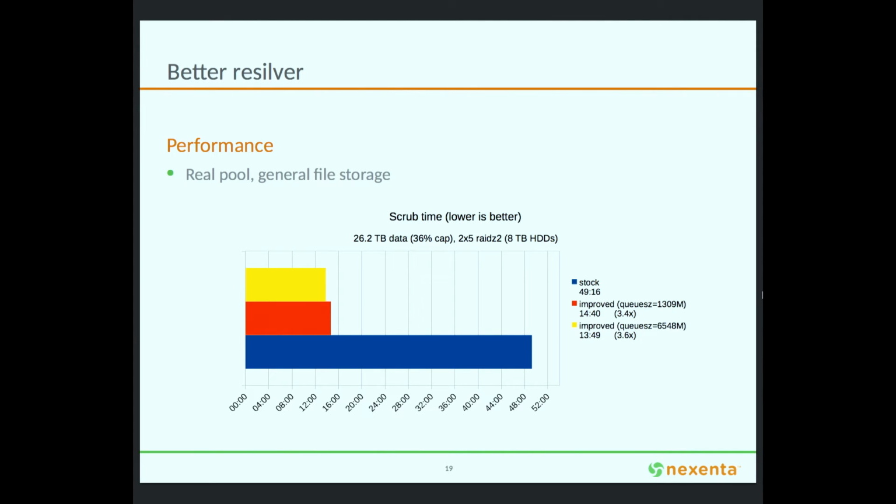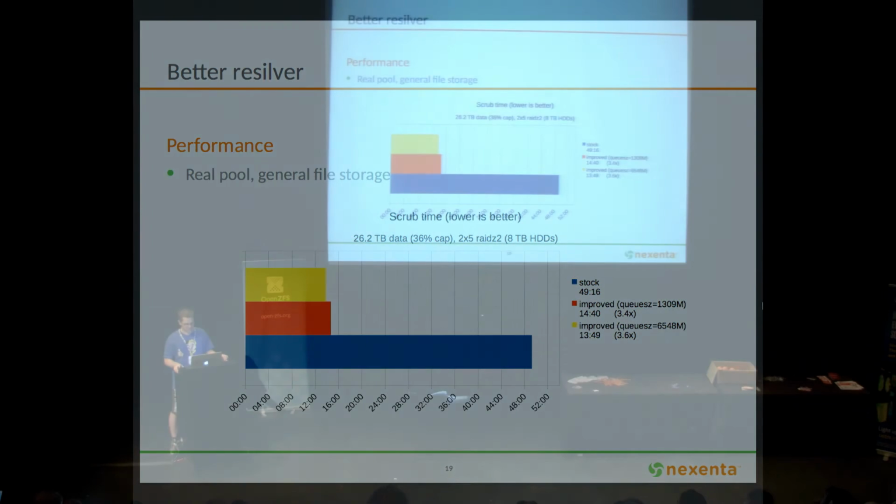If you give it basically 5 times the amount of memory, it'll complete a little bit faster, about an hour faster. But basically this was to test the effects of how much memory you can throw at the thing. Pretty much the finding here is that if you give it just a little bit of memory and let it do at least a little bit of reordering, you'll get massive performance gains, at least on spinning rust.